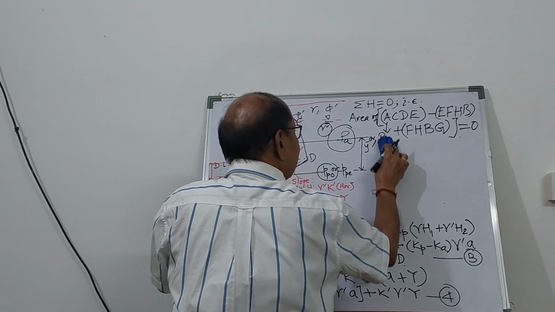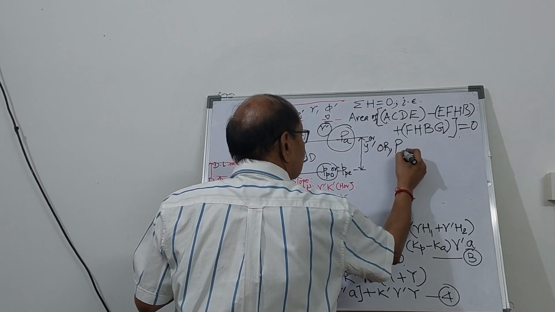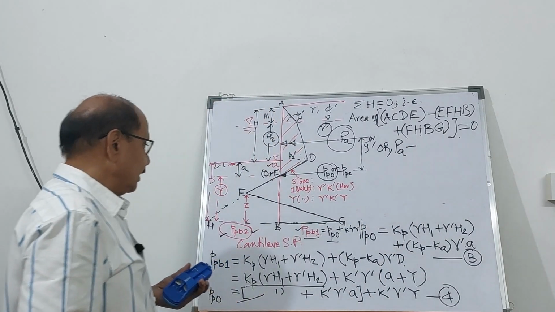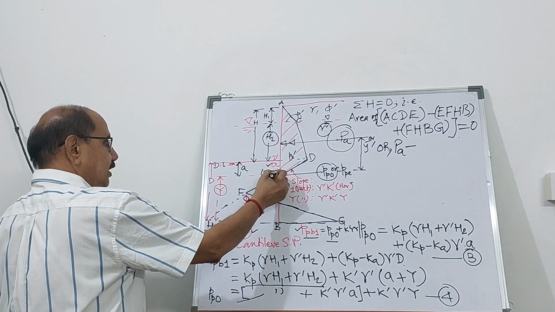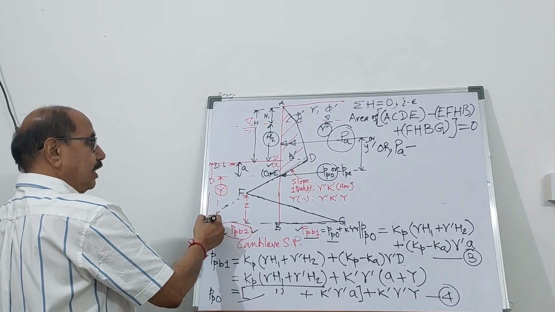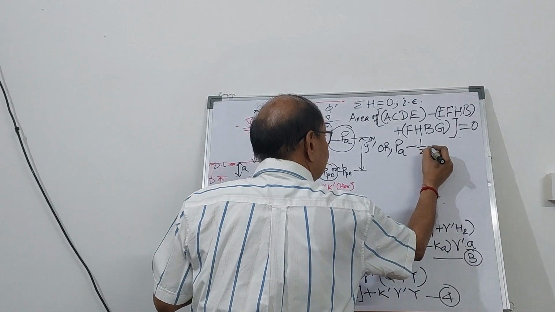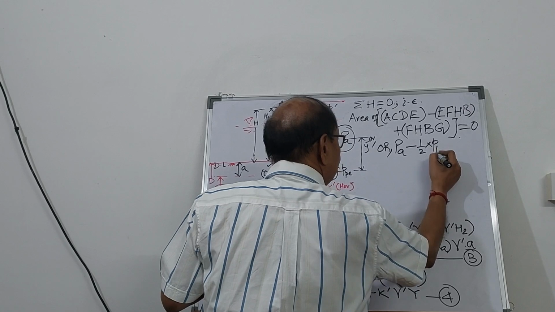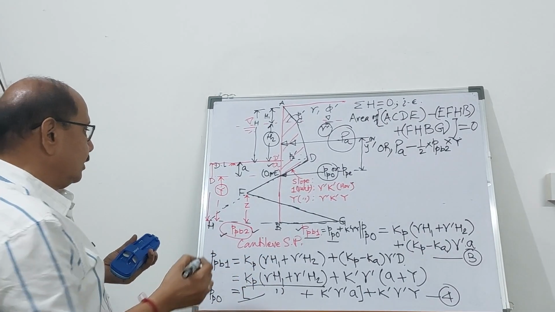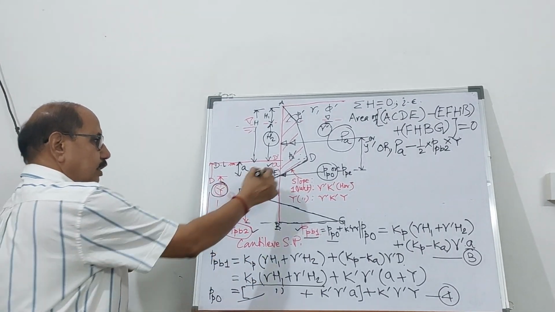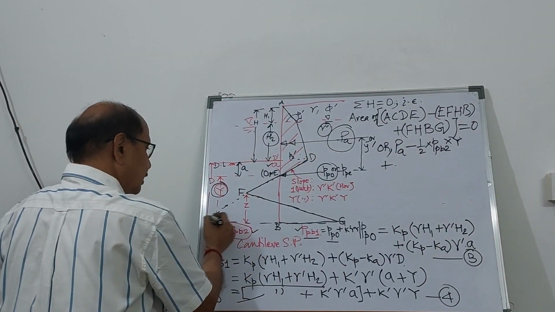Or PA minus the area of EFHB, which will be half into PPB2 multiplied by Y. That is the area of this plus this triangle.